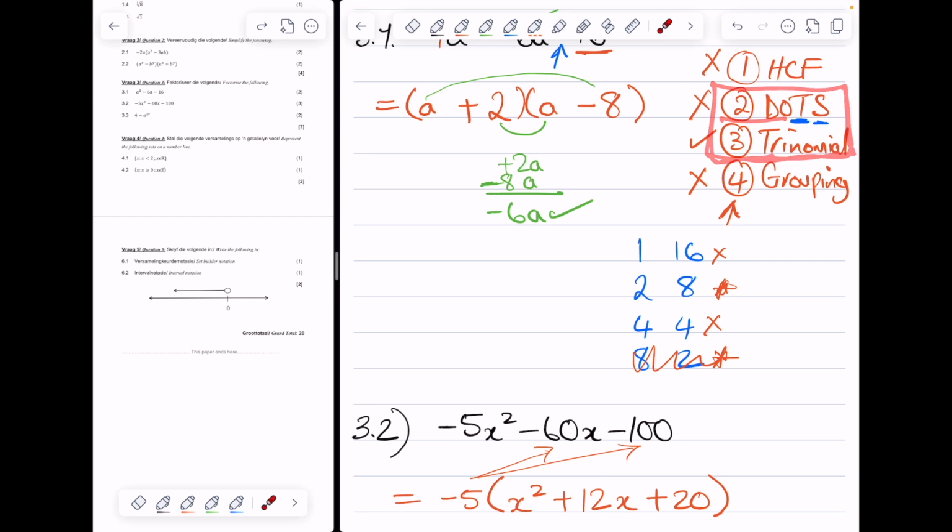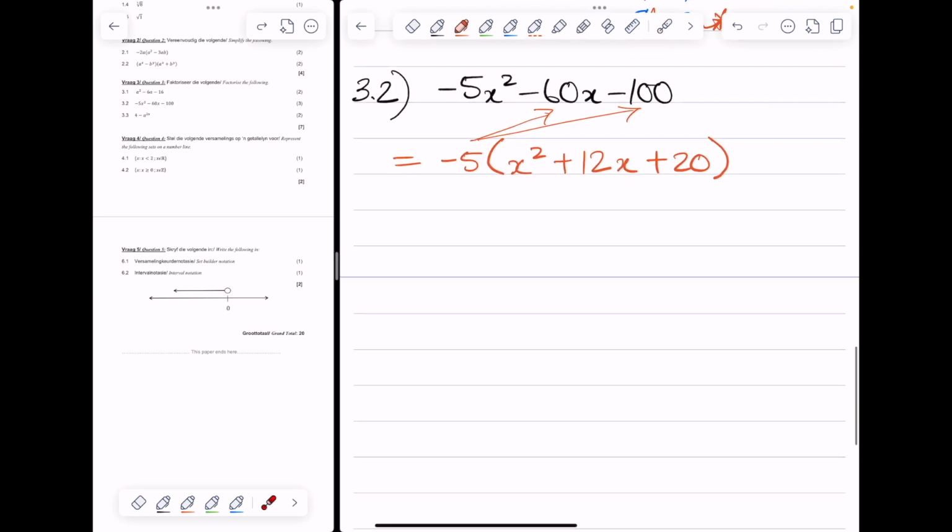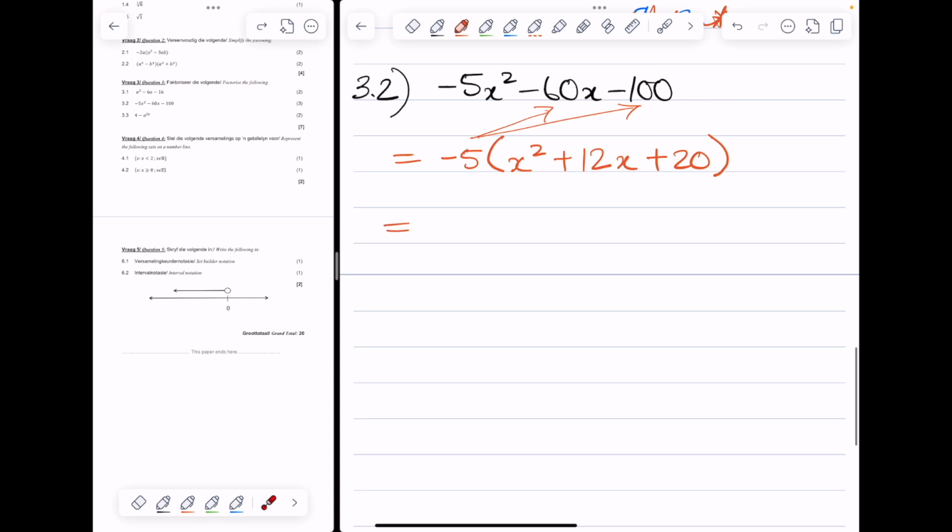Okay, if I've taken out the highest common factor and there's still something left to do, that something left to do would be either one of the dots or the trinomial. So in our case, it's the trinomial. So let's look at how that would work. I keep my negative 5, and I know that the trinomial requires the 2 brackets.